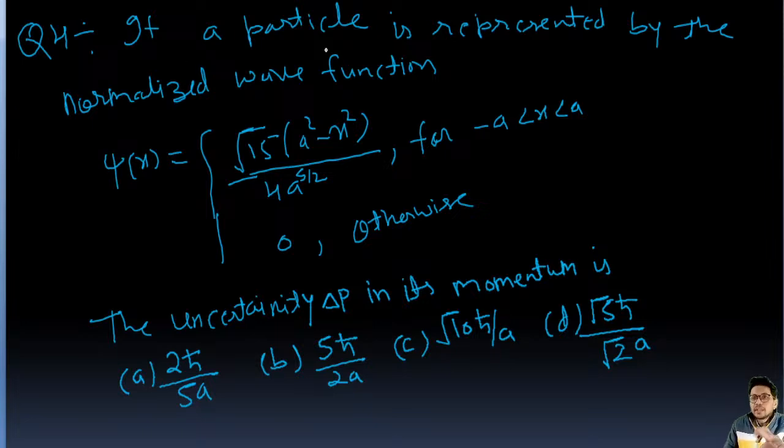So the question is, if a particle is represented by the given normalized wave function, we need to find the uncertainty in its momentum, delta p. Okay, so we'll solve it. Solution.